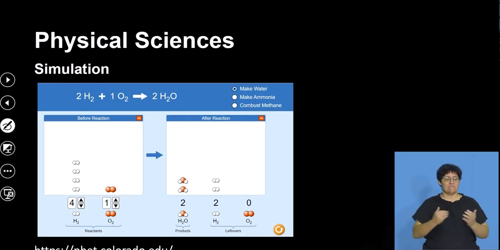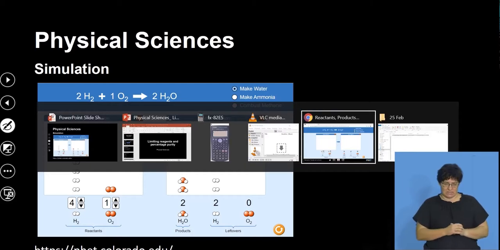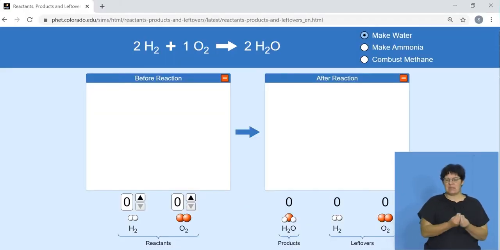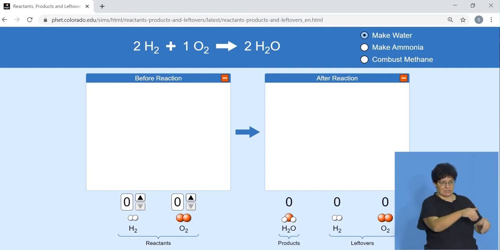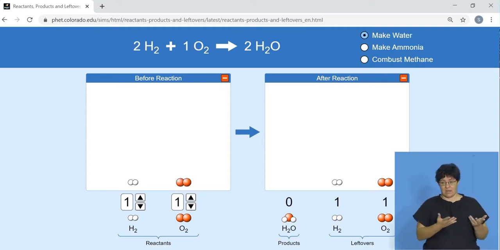Now, I would quickly go to a simulation that would show us exactly what we mean when we talk of substances being in excess and the other reactant being a limiting reagent. Let's say, for argument's sake, a reaction between hydrogen and oxygen. If we've got 1 molecule of hydrogen and 1 molecule of oxygen, you'd realize that there is no water that is formed.